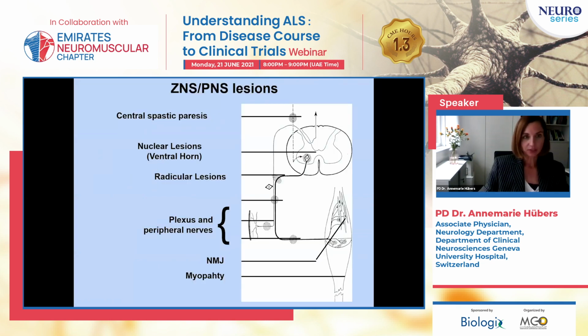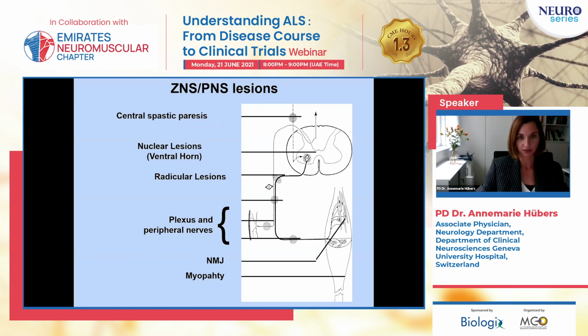So in general, there can be central nervous system and peripheral nervous system lesions. Obviously, in different conditions, you have different kinds of disease or of lesions.